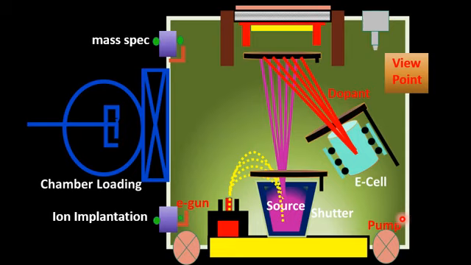Usually there is also another characterization technique known as X-ray photoelectron spectroscopy, XPS, which monitors the composition of the deposited thin film and is used in conjunction with, or attached to, the molecular beam epitaxy setup.